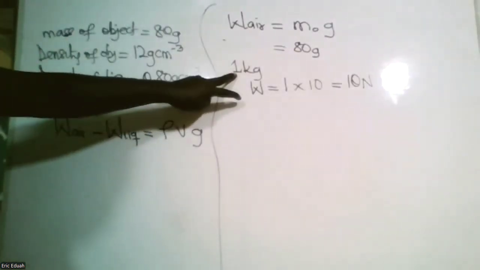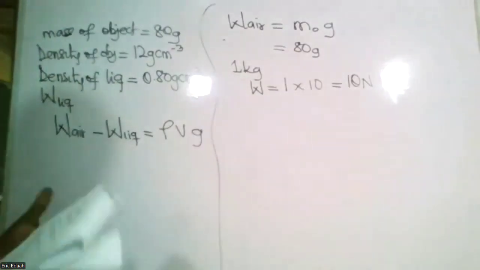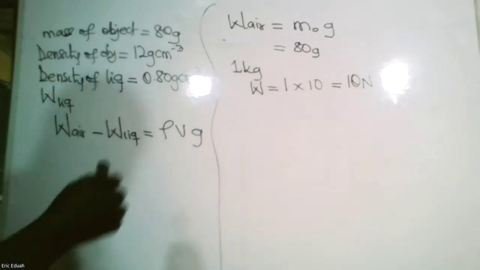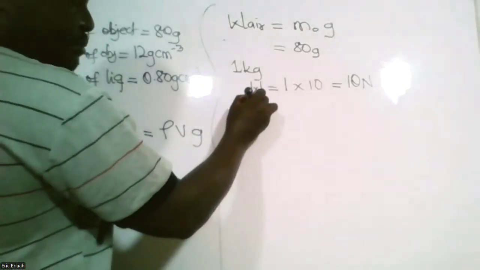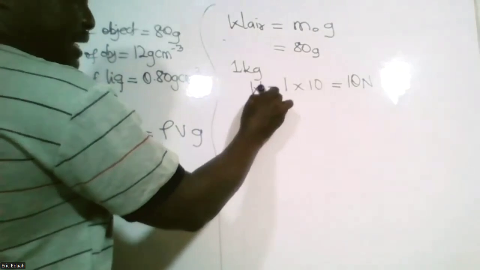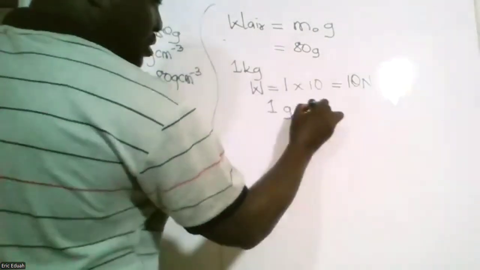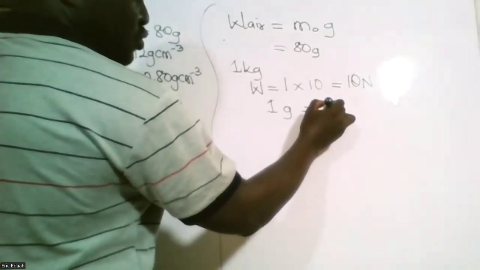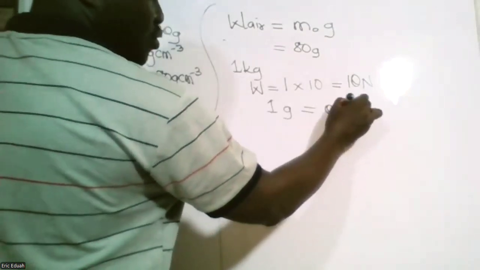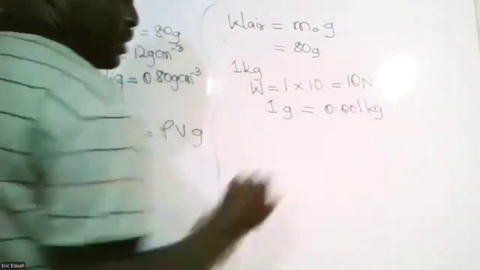Meaning 1 kilogram mass would weigh 10 Newton. So if I have 1 gram mass, 1 gram is equal to 0.001 kilogram.